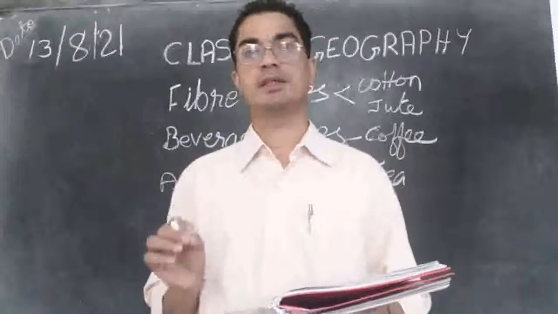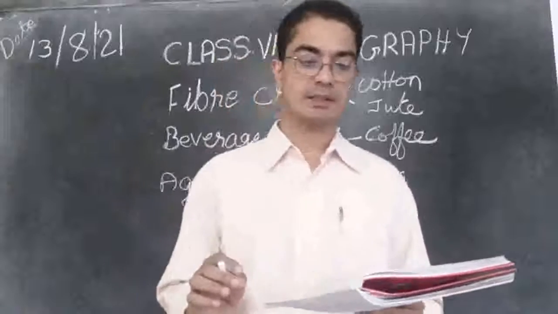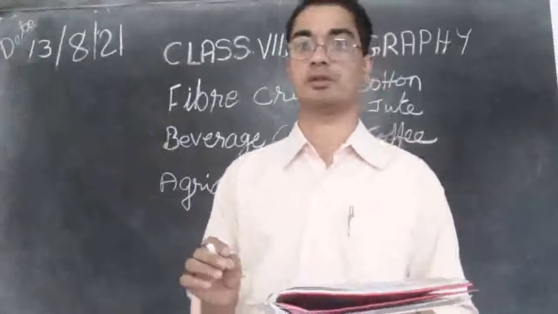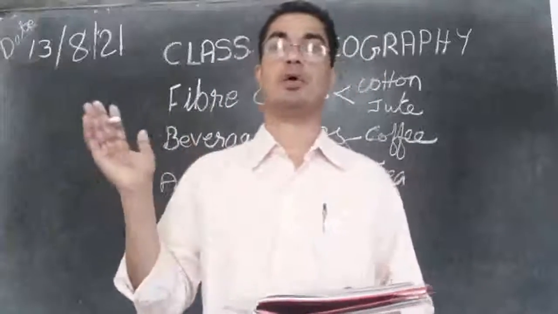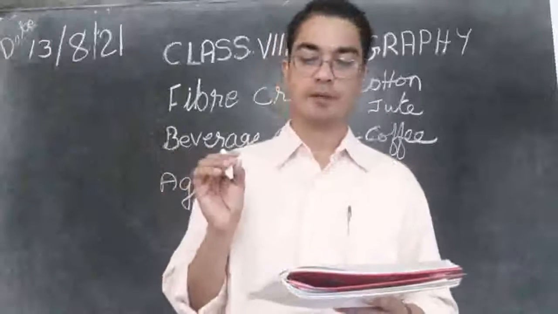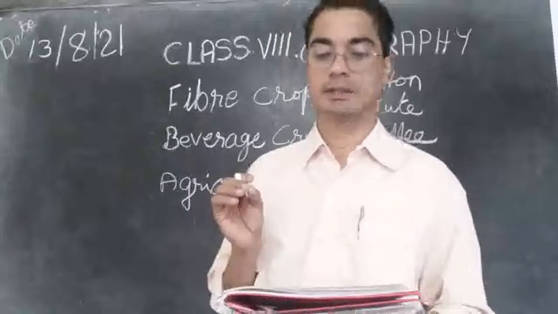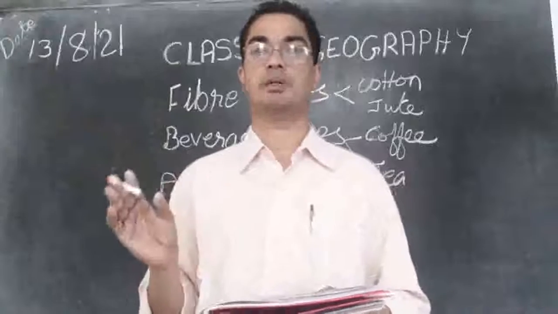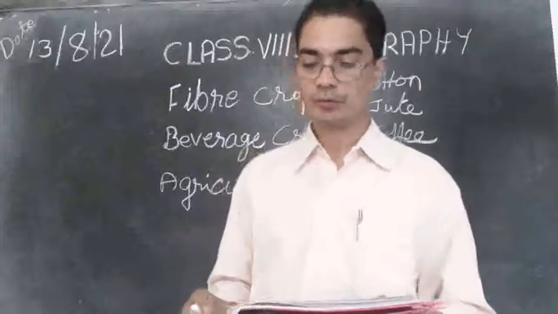Then agriculture has developed in different places in different parts of the world. Farmers are there all over the world, and therefore they are developing agriculture in different parts of the world.